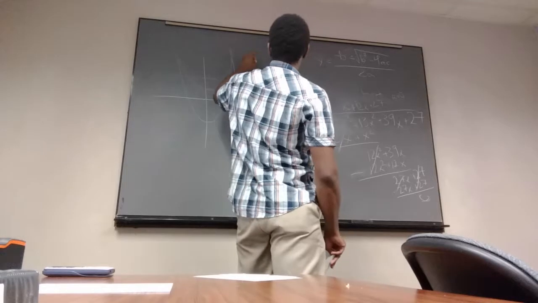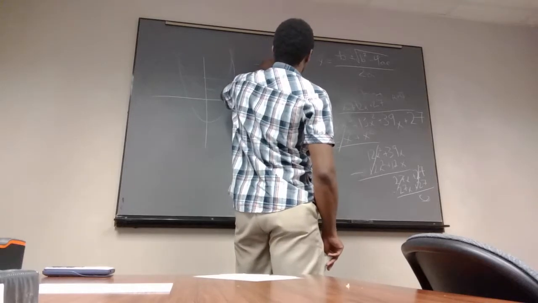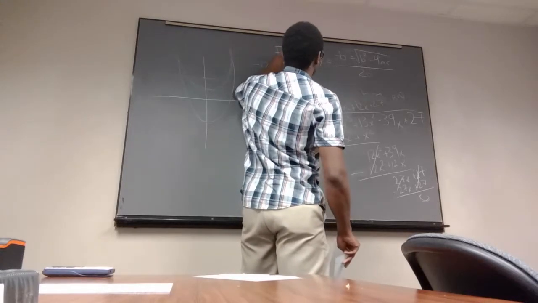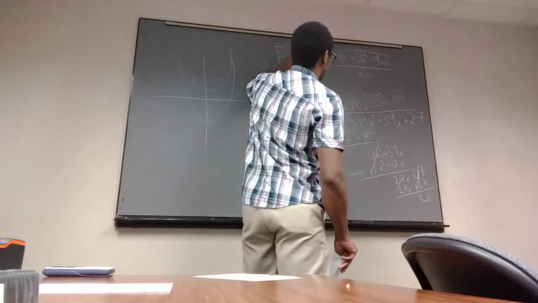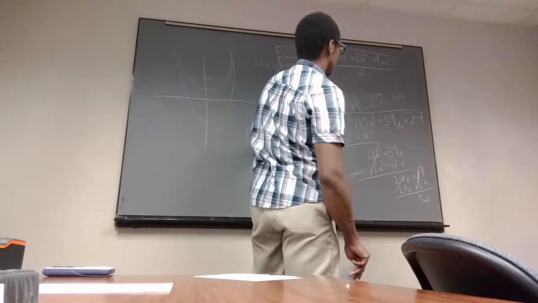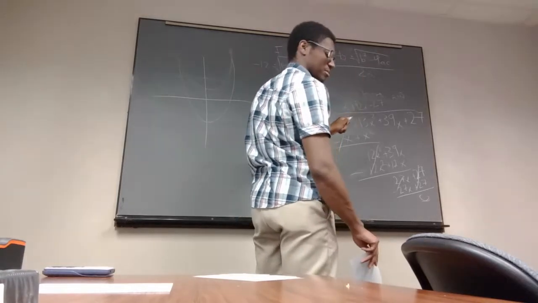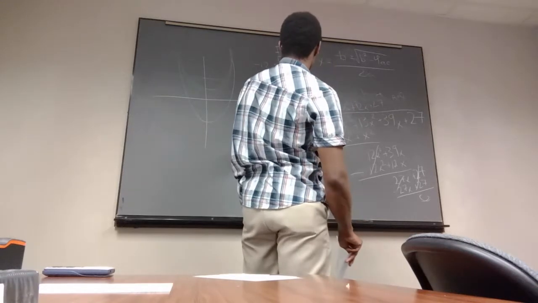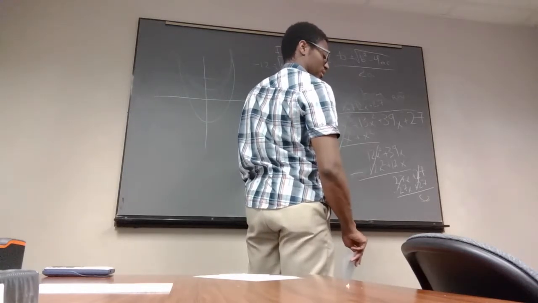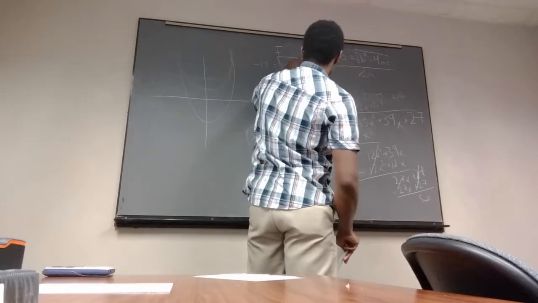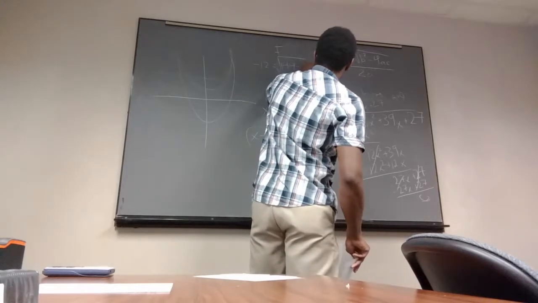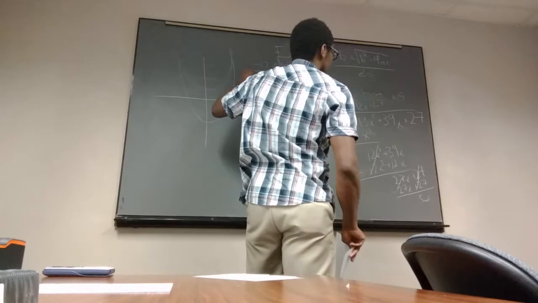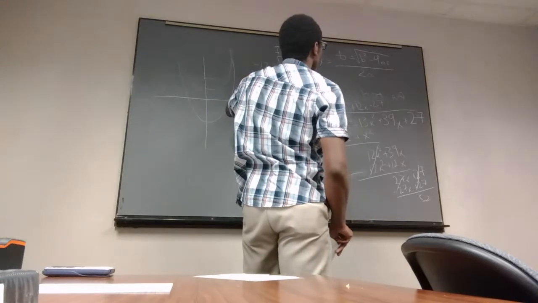Negative b, negative 12, plus or minus the square root of 144 minus 4ac. 4 times 1 times 27. What is 4 times 27? That's like 108. Over 2a, which is over 2.